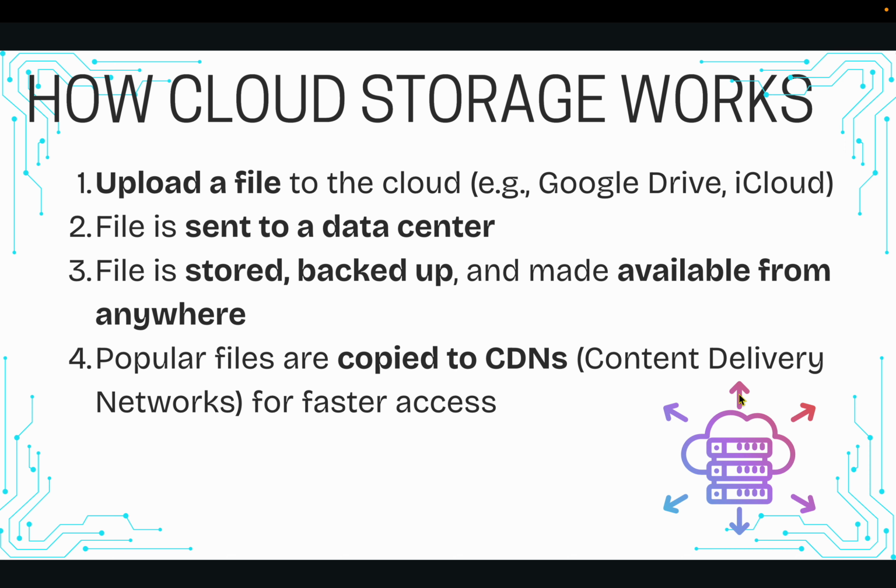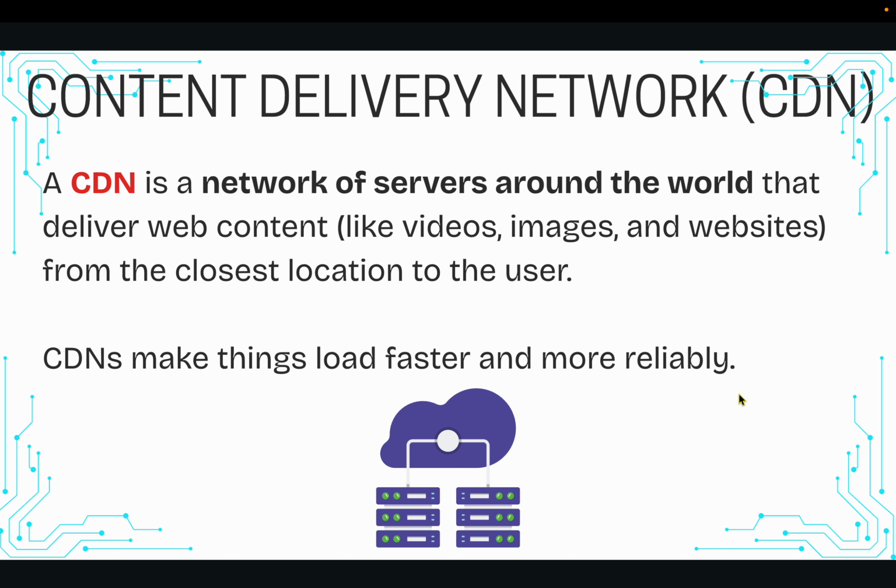So the CDN, as we just mentioned, is just a network of servers around the world, and they're delivering your web content. So the websites that you go to most often live on a CDN. And it basically will map out where it needs to be stored based on which data center is the closest to you, so that it will get to you quicker and it loads faster.